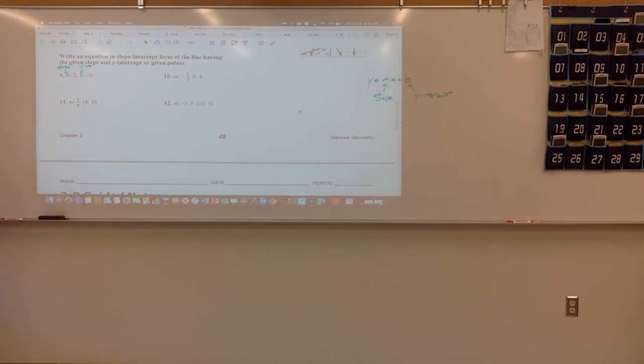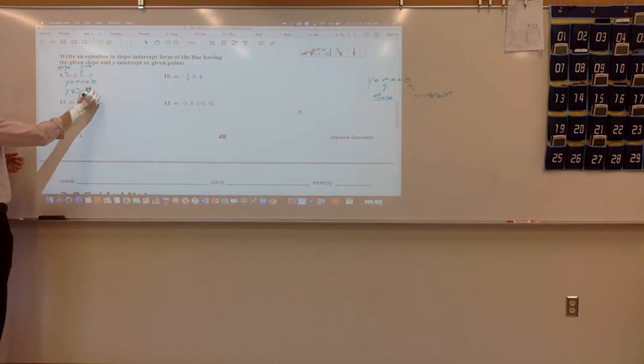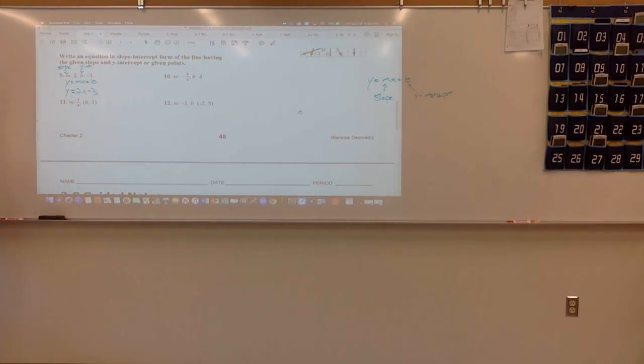So I'm given the information I need here to write my equation in y equals mx plus b form. I can just plug these two values in. So my m is 2, my b is -3. So the equation of a line with a slope of 2 and a y-intercept of -3 is y equals 2x minus 3. Okay. Go ahead and do the same thing for number 10 real quick here.